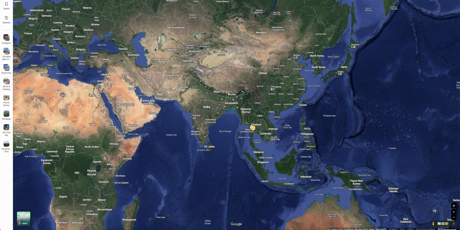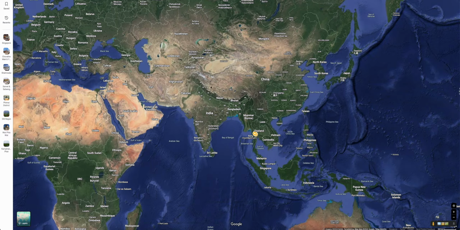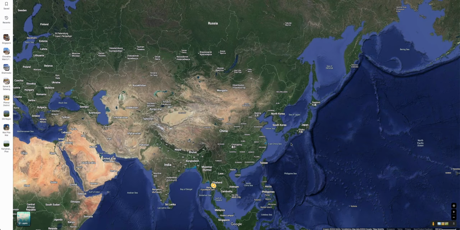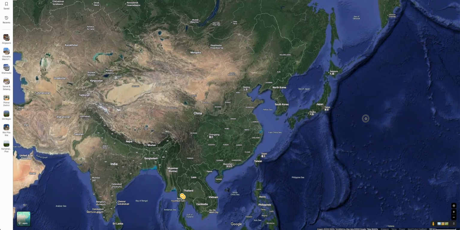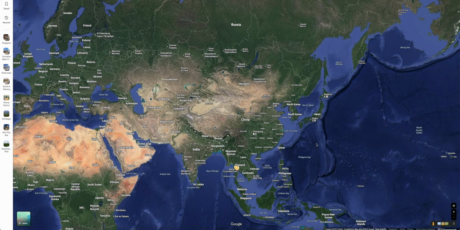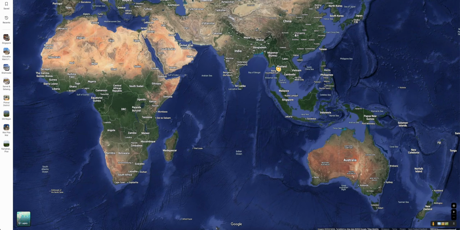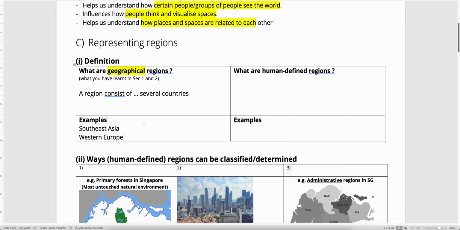You may also have heard of South Asia as another region: Bangladesh, Pakistan, India, Bhutan, Nepal. You may also have heard of East Asia, that means China, the two Koreas, Taipei, Japan, and stuff like that. Basically, when multiple countries are grouped together, we call them a region. You have learned this in Sec 1 and Sec 2: region as a larger scale than a country.